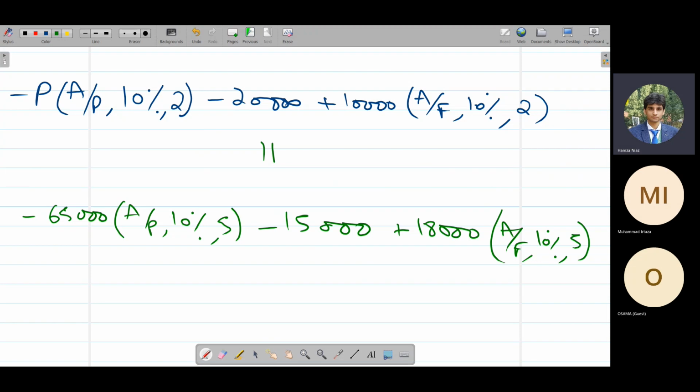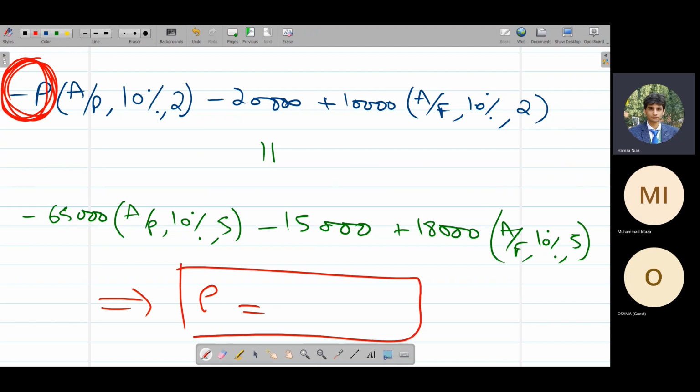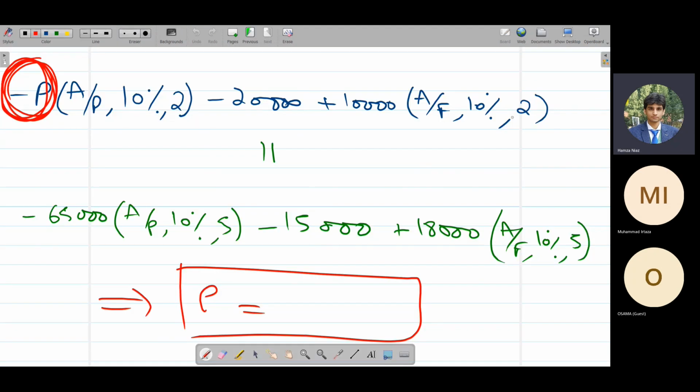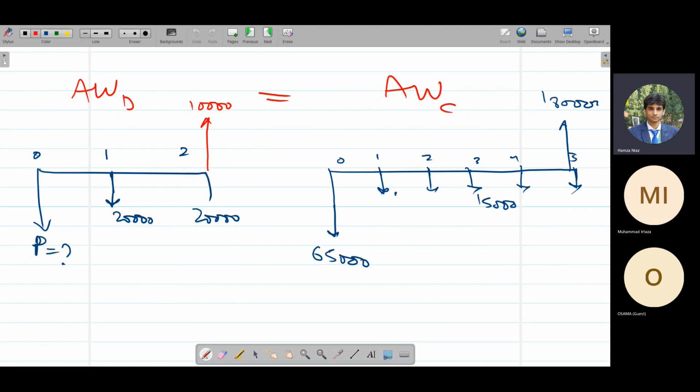So simply we can use this equation to find the value of P. It is fine, that's how we are going to use this equation. We can simply draw these equations from the diagram.